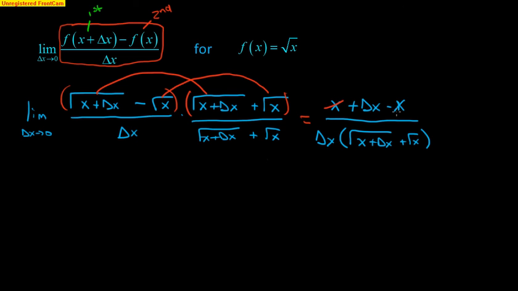And then hopefully, just like always, something's going to cancel here. I got the x's are going to cancel. I got the delta x's are going to cancel. And I'm going to see what's left here. I'm going to have the limit as delta x approaches 0. I'm going to have a 1 on the top because everything canceled out there, over radical x plus delta x plus radical x.